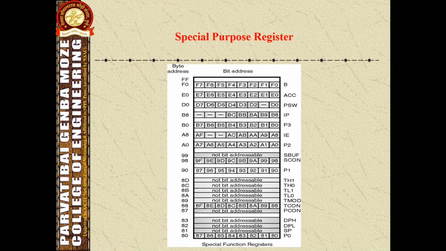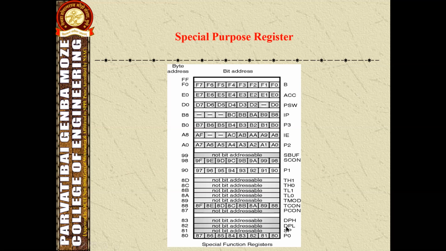Some of these registers are bit addressable, while the remaining are byte addressable. These registers include register B, accumulator, PSW, IP, and DPTR.